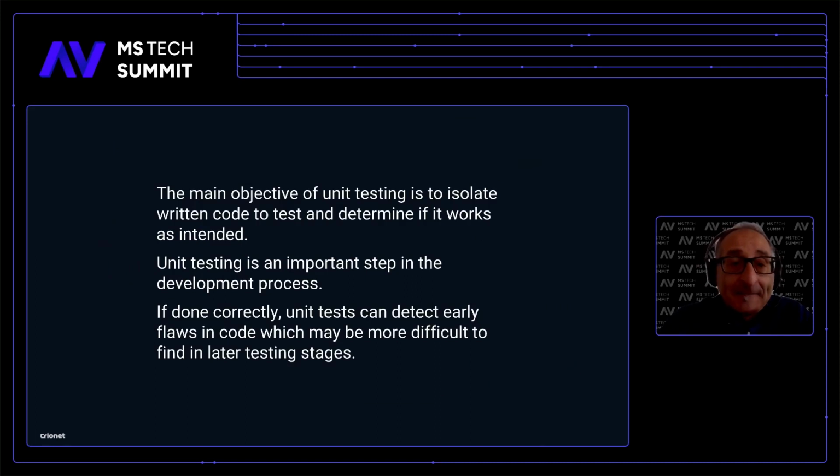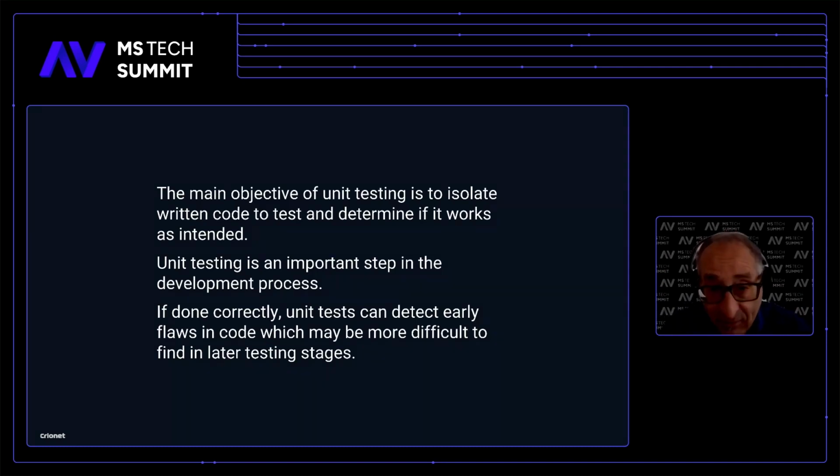The slide presents three specific popular perspectives on unit tests. The main objective of unit tests is to isolate written code and determine if it works as intended. Second statement: unit testing is a very fundamental, important step in the development process.